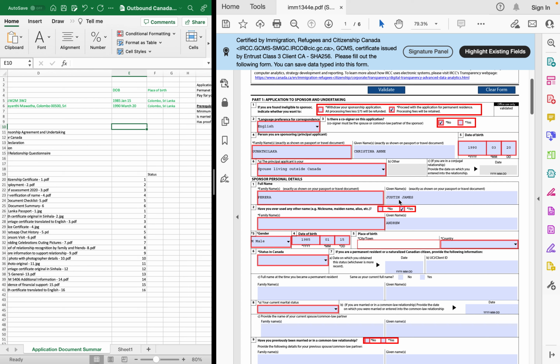In that case, I would go and say city, town, Colombo. The country is Sri Lanka.